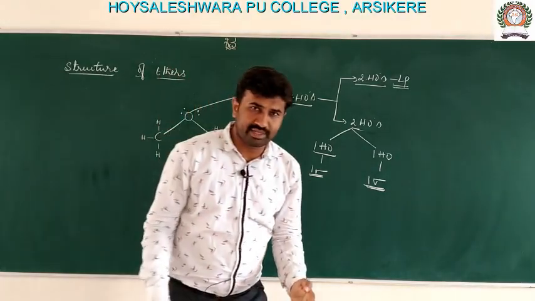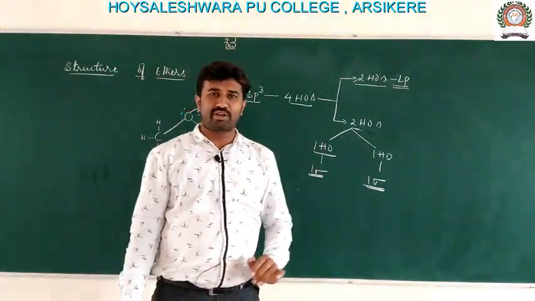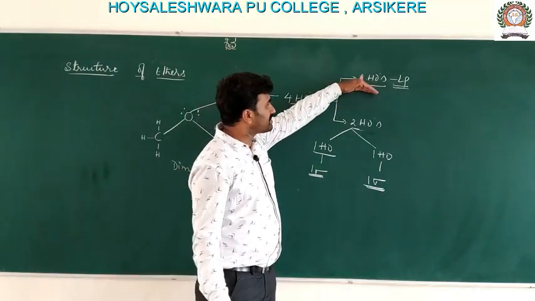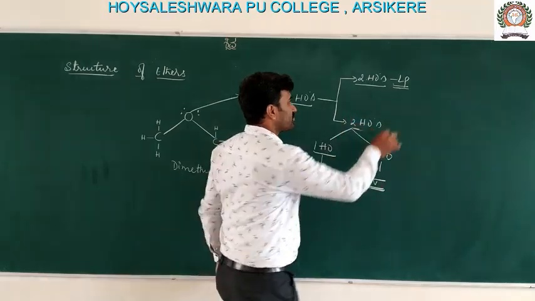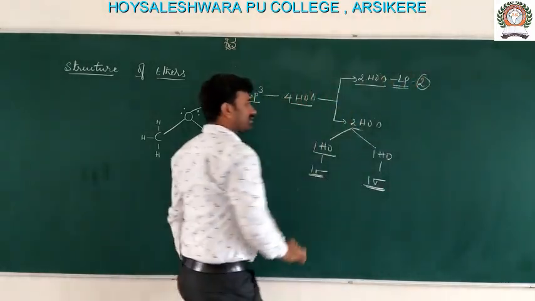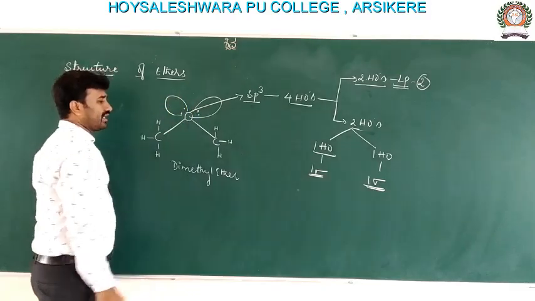The oxygen atom in ethers is sp3 hybridized. In sp3 hybridization, there are 4 hybrid orbitals. Among them, 2 hybrid orbitals are occupied by 2 lone pairs of electrons. This is one lone pair and this is another lone pair.